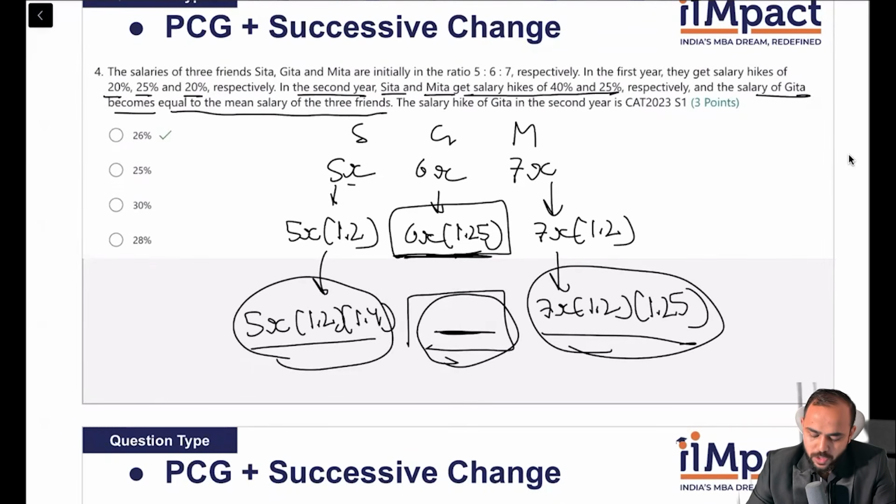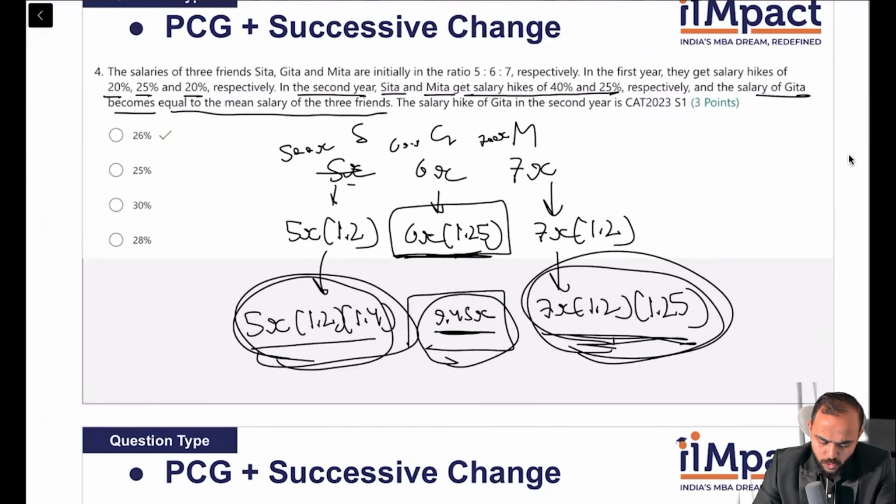If you want, you could have assumed these as 500x, 600x, and 700x. That would have helped you get rid of the decimals, but honestly, it's up to you because you still do have to do the multiplication. So this is going to be 9.45x, half of this plus this.